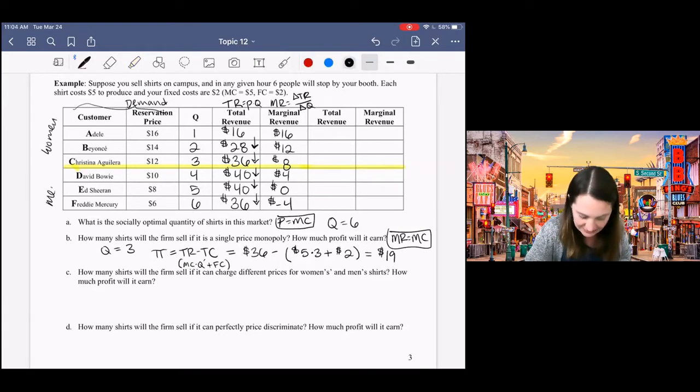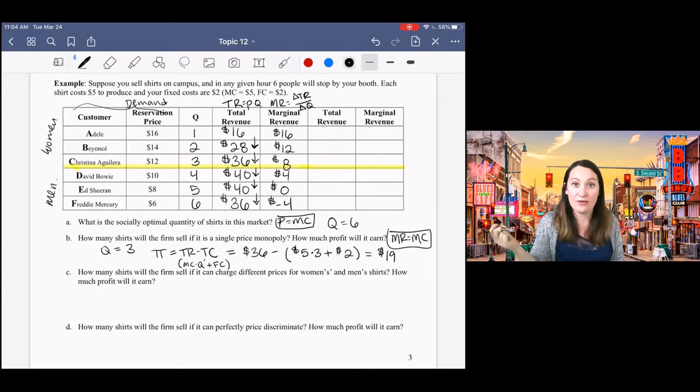And this dividing line does not necessarily need to be at the same place as where the single price monopoly was producing. The dividing line could be anywhere. But basically, we have one group of people who are willing to pay higher prices and one group of people who are not willing to pay the high price. They're only willing to pay a lower price. We can now charge different prices to each of these groups.